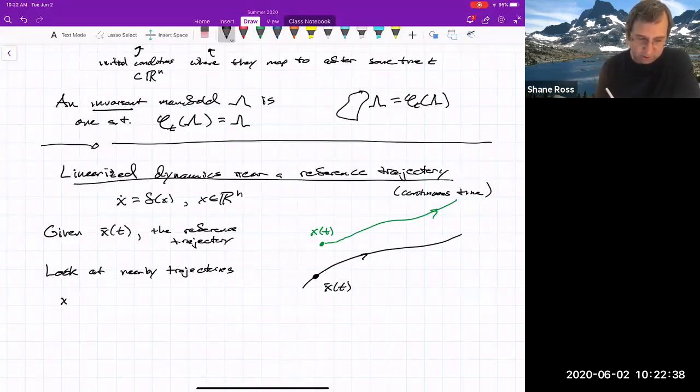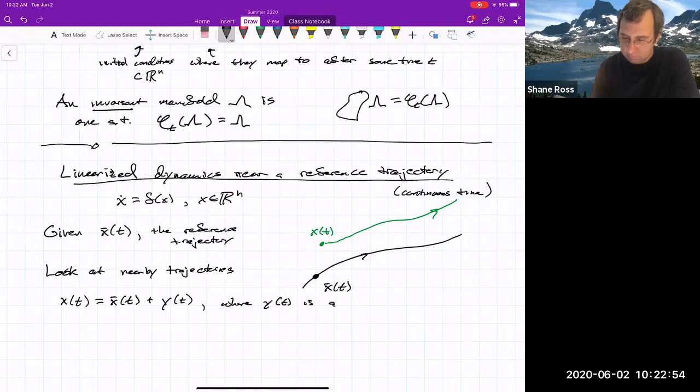So nearby trajectories, we could write them as just x of t without the bar. It equals x bar plus some displacement, which we'll call y. This is a displacement vector, and it's small.